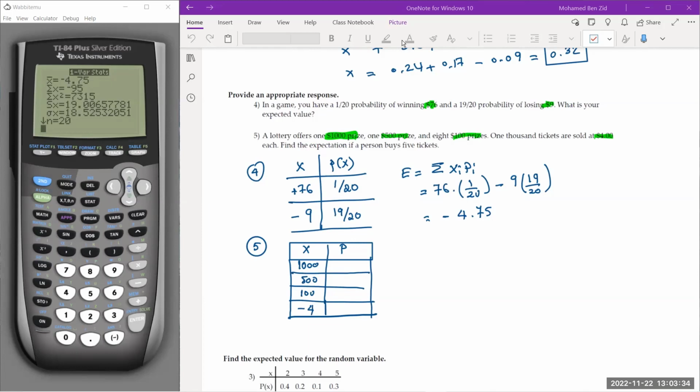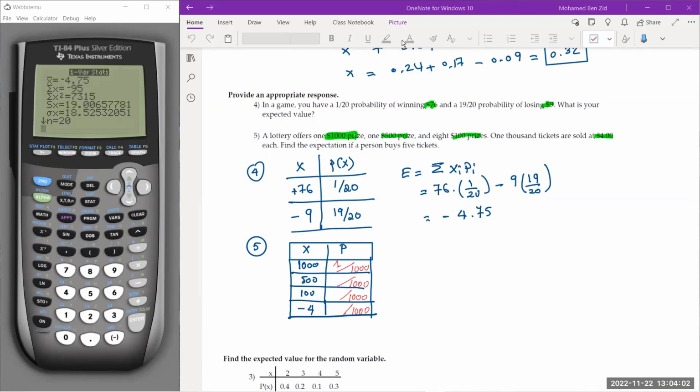Now, for the frequency or the probability, the total number of tickets is 1,000, right? So I am dividing by 1,000 all the time. And then I'm going to look for the frequency of 1,000. There is only one ticket, so 1 over 1,000.